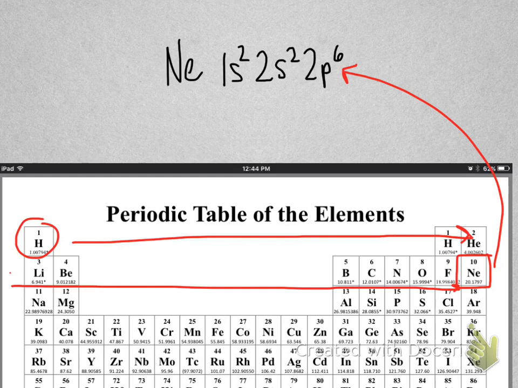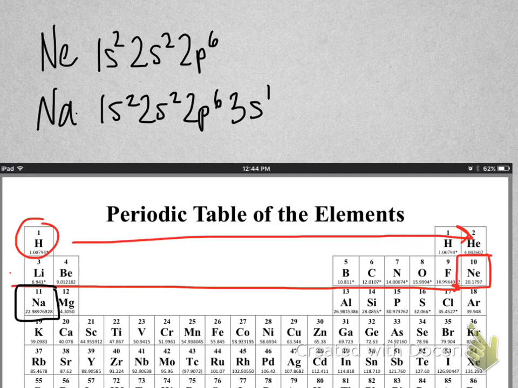So let's write the electron configuration for sodium, which starts off the next row, the next period. Okay, 1s2, 2s2, 2p6, 3s1. Great! You notice anything? Right here, enclosed in the electron configuration notation for sodium, that sure looks an awful lot like neon. So what we can do is shortcut this by writing the electron configuration for sodium as follows.